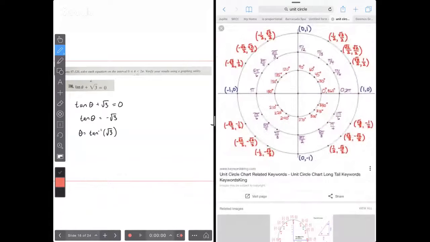Okay, so where are we going to get just root 3 for tangent? So it looks like I want, oh, negative root 3.